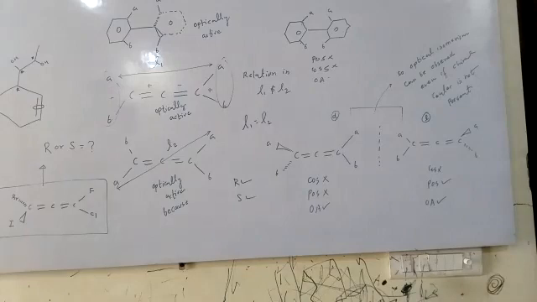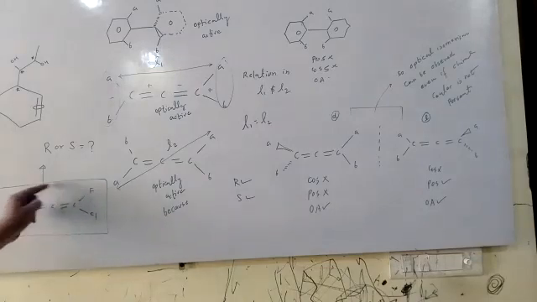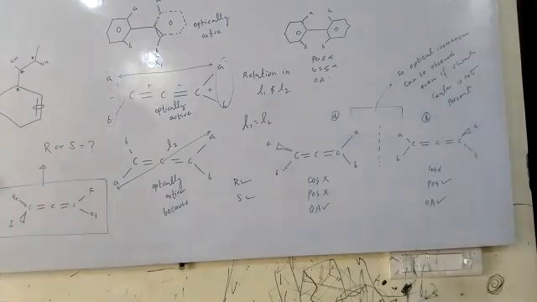But I will suggest first you think about this, because this can be treated as a chiral center. So if this can be treated as a chiral center, then what will be the nomenclature of this? Understood? So this is the exact molecule. We have to tell whether it is R or S, or we cannot comment anything on this. Got it?